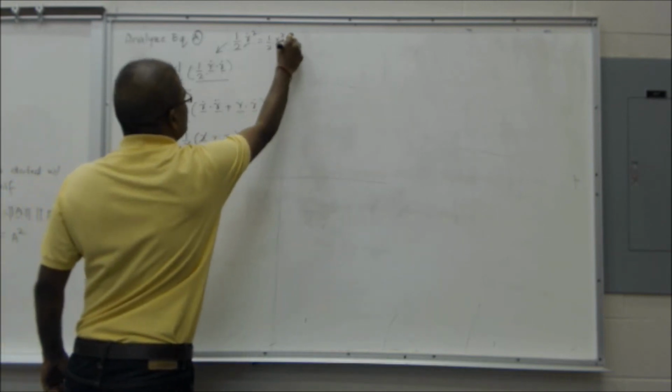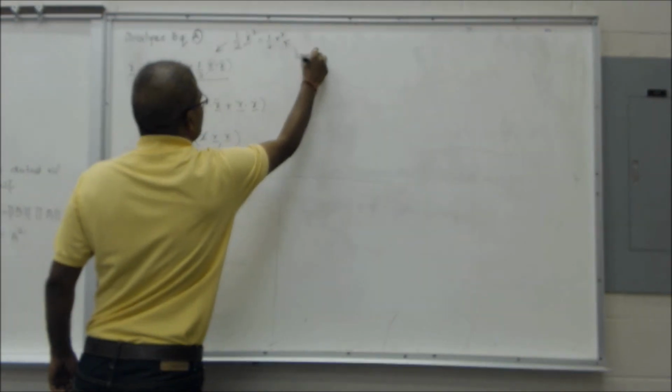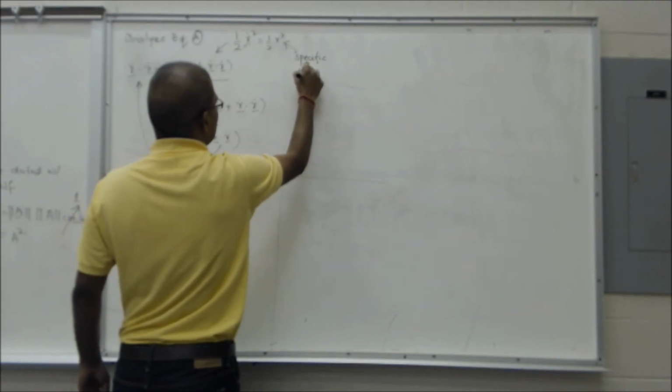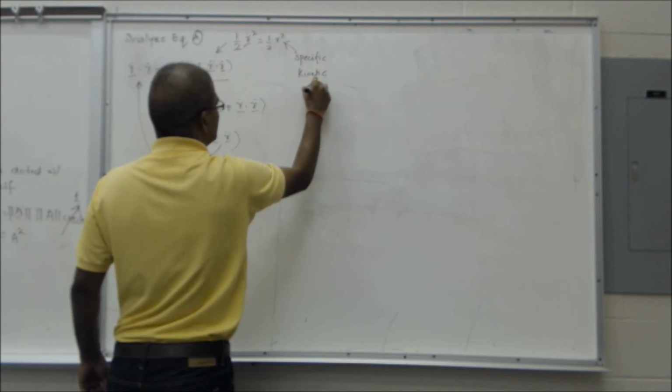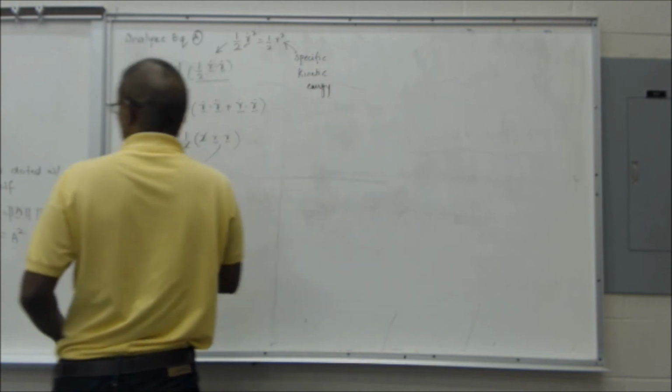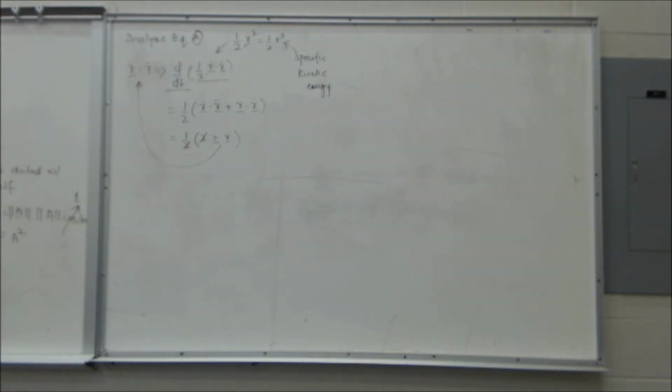This term is specific kinetic energy. What else do we see here? This term is specific angular momentum. We are dealing with specific quantities. Specific just means per unit mass. So we have proved that this can be written as d over dt of half v squared.